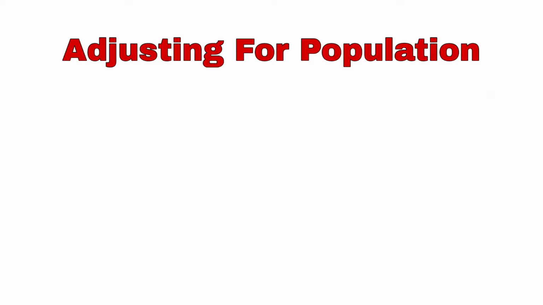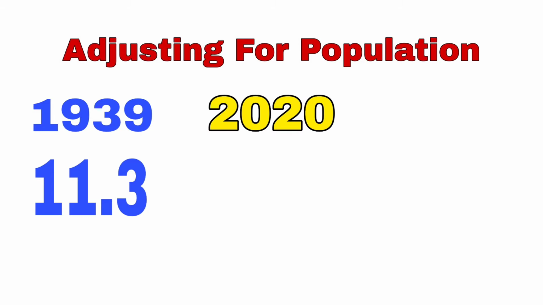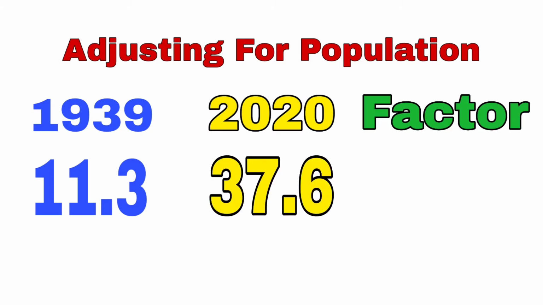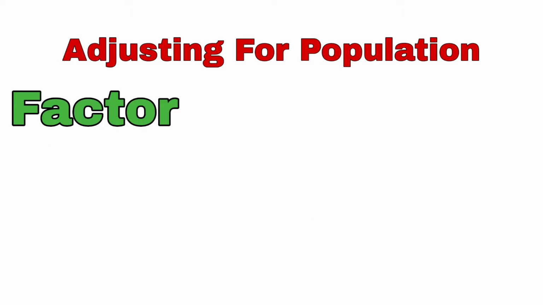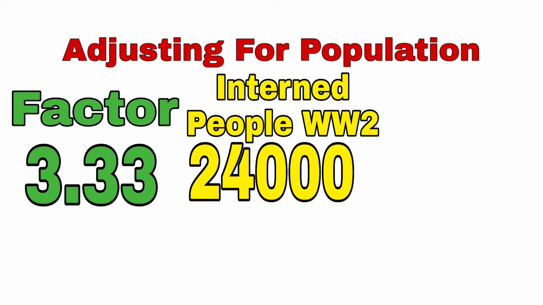Let's adjust for population for World War II. In 1939, our population was approximately 11.3 million in Canada. In 2020, as I have said before, we got 37.6 million. The factor of the difference is 3.33. So it sounds like less so far, right? That factor of 3.33 and a total of interned people in World War II, mostly Japanese, but not all, was about 24,000 altogether.